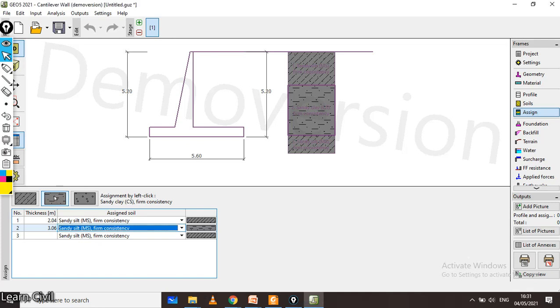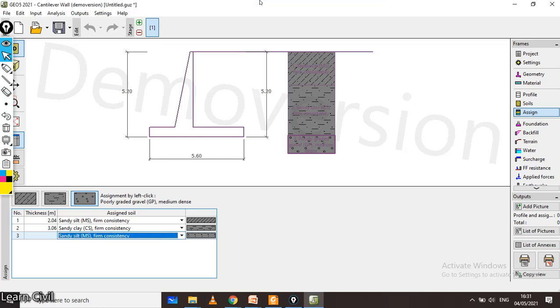Okay, just select this layer and click here, you will get the sandy clay. Next, click this and click here, you will get the poorly graded soil profile. Like this you have to assign the different layers of soil.